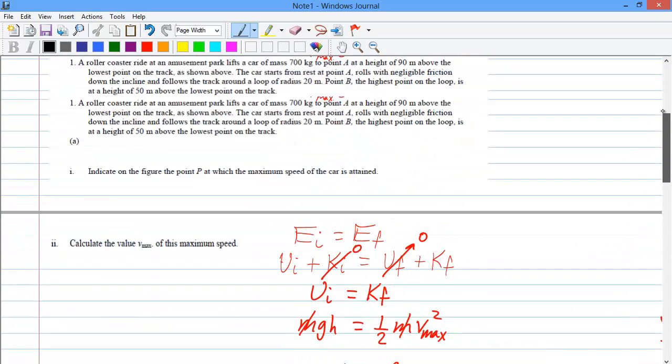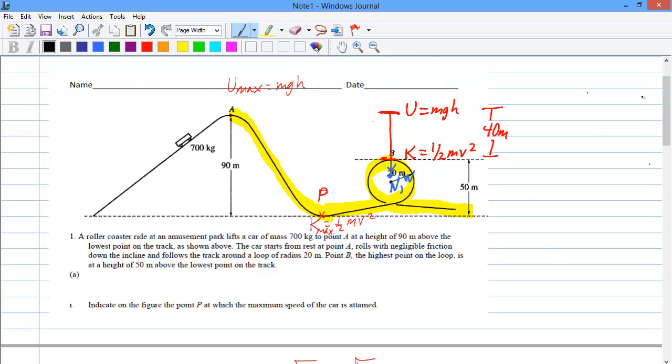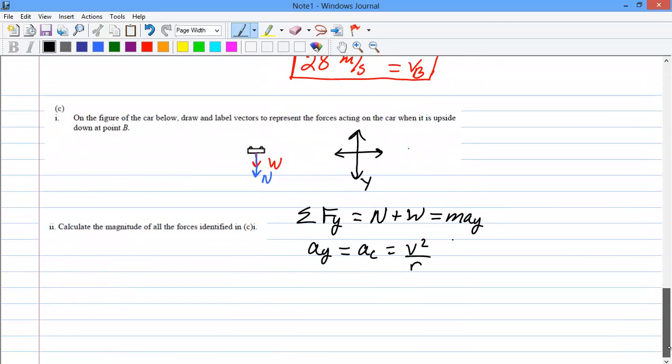And if we look back up at the picture, we know what the velocity is at that point. We calculated it was V at B. We also know the radius, it's 20 meters, tells us right there. So V, we figured out, at point B is 28 meters per second, and R is 20 meters. We can also find out what W is, because W is always what it is. It's just mg.